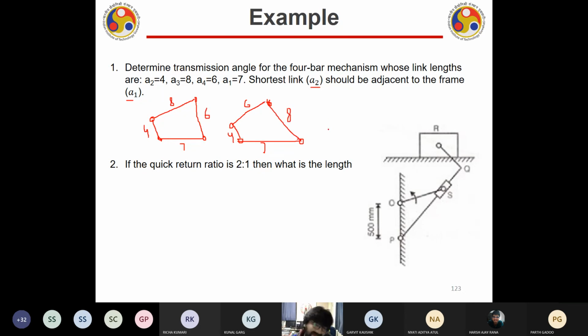But anyway, the answer will be the same, no? How? Because the maximum and minimum cases will be when 4 and 7 are collinear, right? 4 and 7 are on the same line.